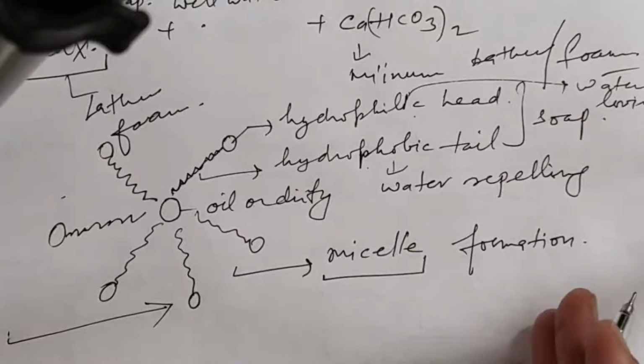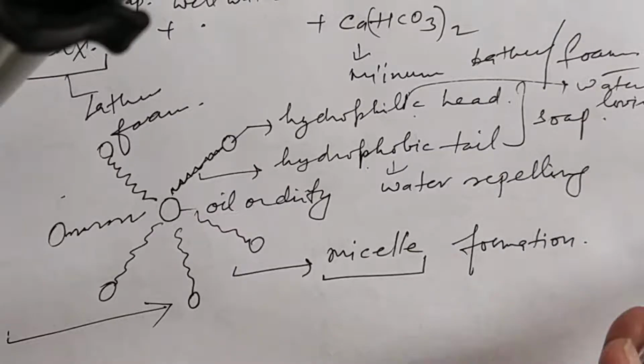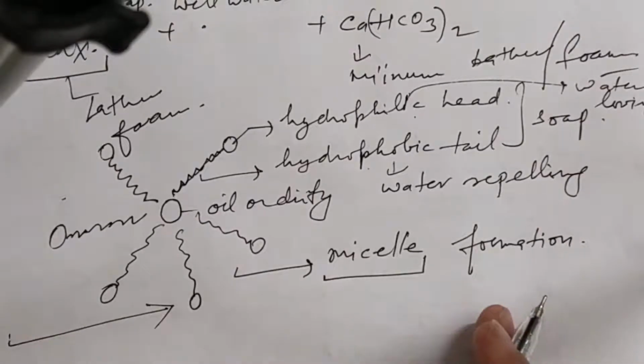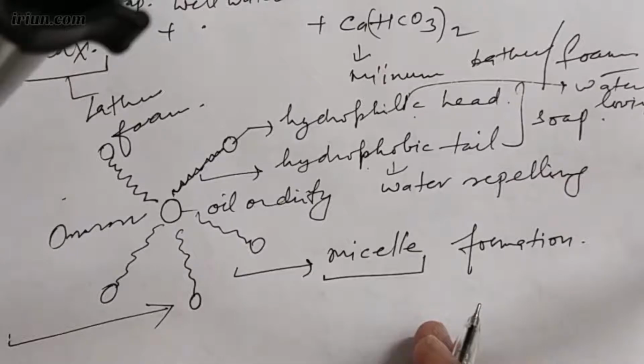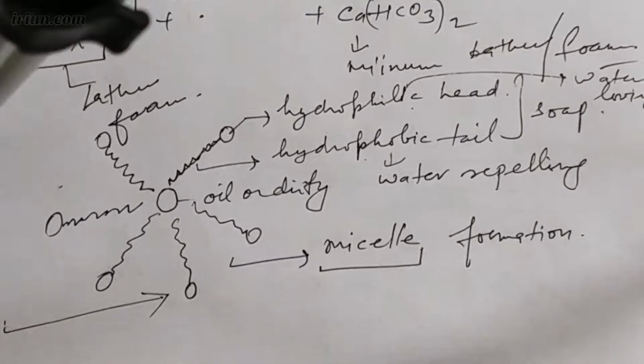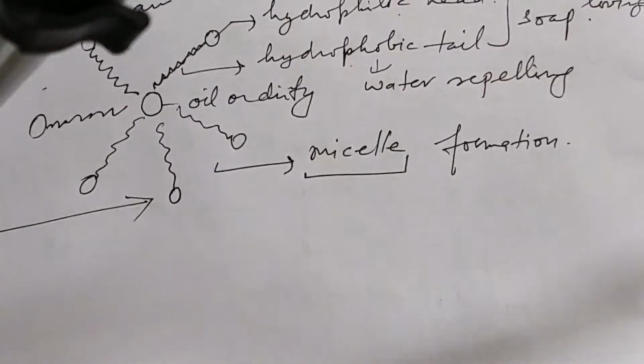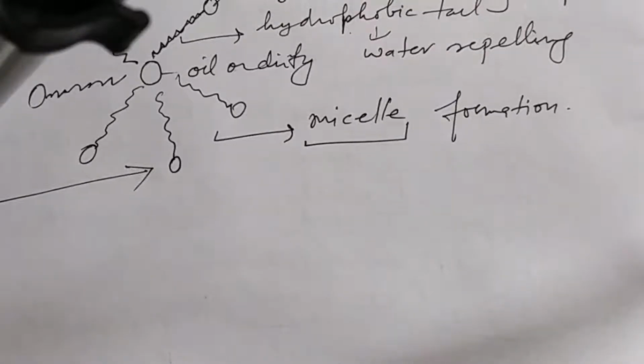All the micelles will be easily washed away with the water, and the fabric gets cleaned. Now we are discussing the next portion of our topic, which is the advantages and the harmful effects of detergents.